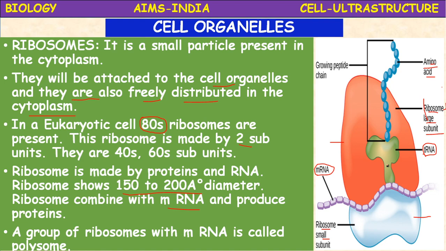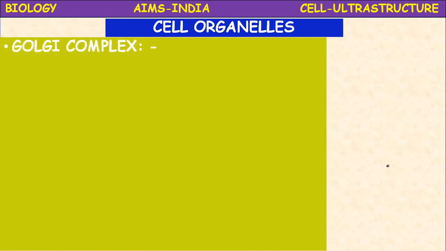These polysomes are present in bacteria or prokaryotic cells. So what is the function of these ribosomes? The ribosomes' main function is protein synthesis, so they are also called the protein factories of the cell.